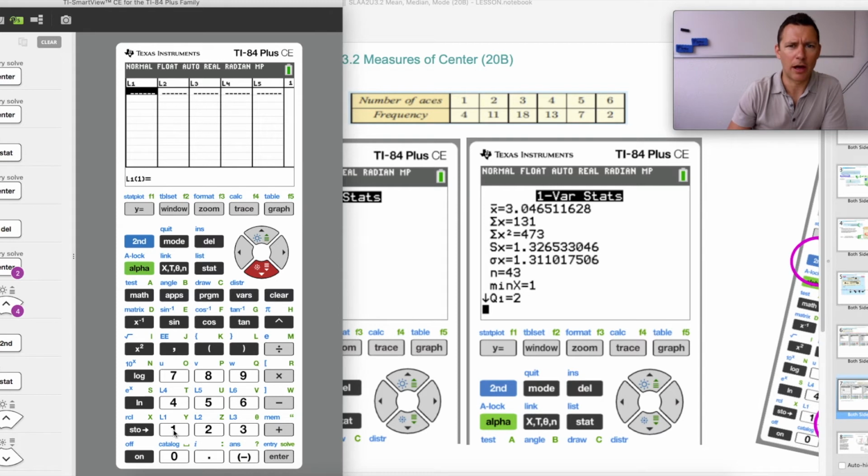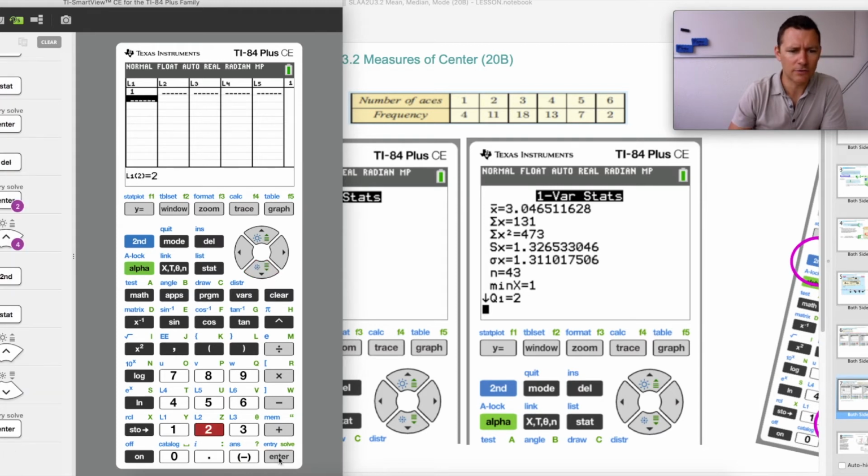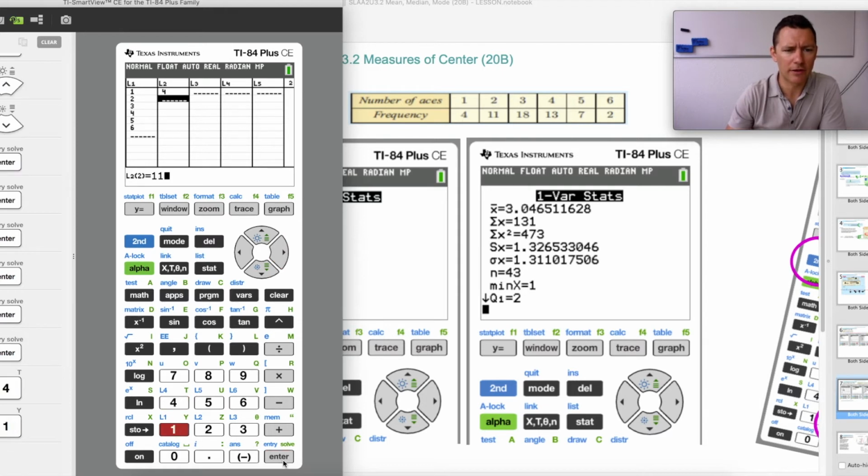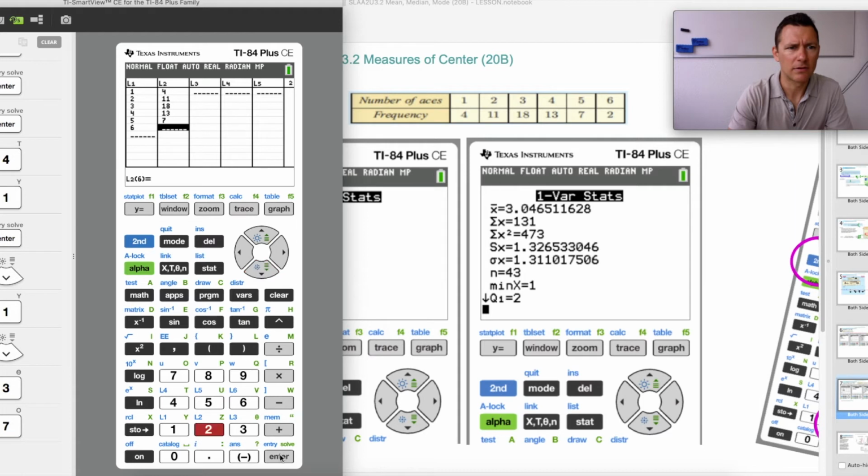I know I get 1 aces, 2 aces, 3, 4, 5, or 6. And then in L2, you put in the number of those occurring. So 4, 11, 18, 13, 7, 2.